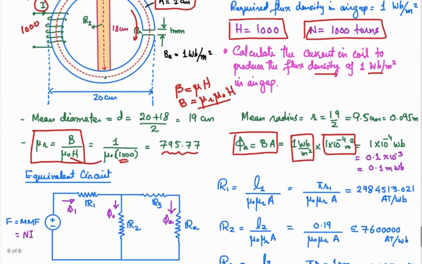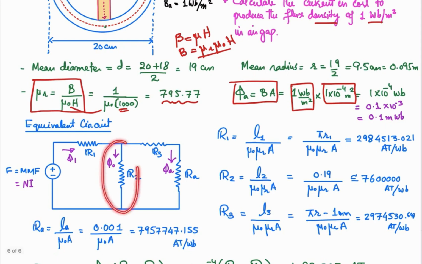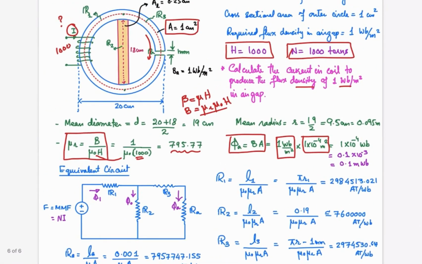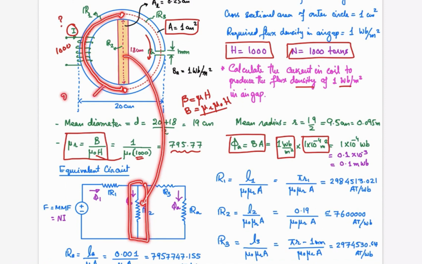This has been marked by this reluctance over here. So I'm going to just reduce the size to give you one-to-one analogy. This is being represented as this reluctance R2. Then the reluctance of this side, starting from here till this point, will be equal to half of the circumference of this circle. 2 pi r is the total circumference, divided by 2 will give you the length that will be used to calculate this reluctance, and this reluctance is R1.